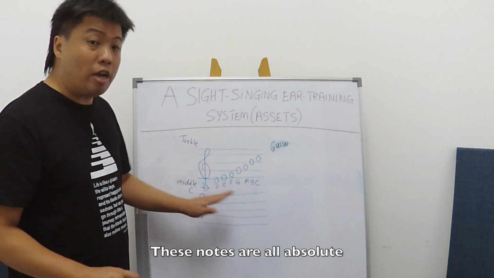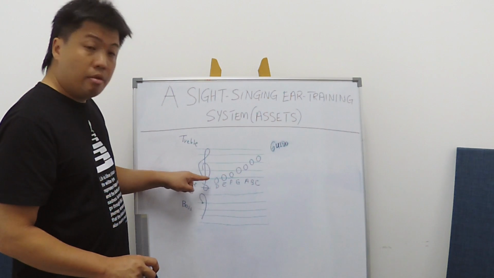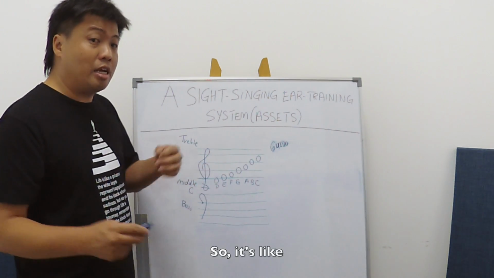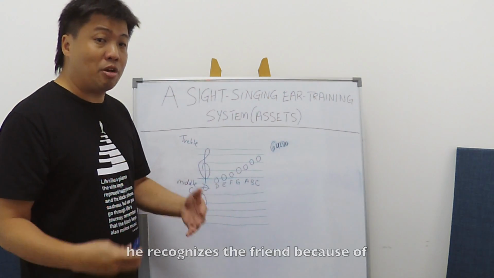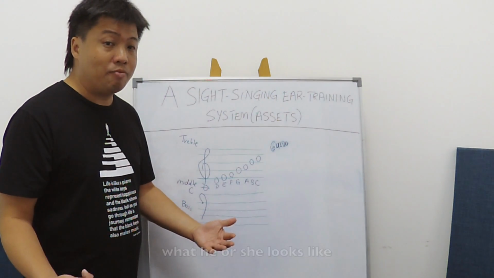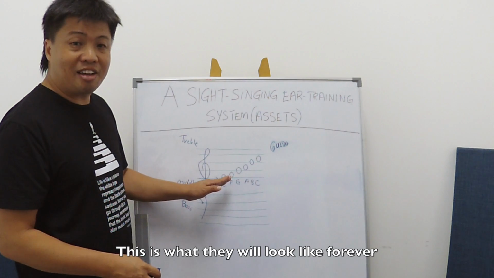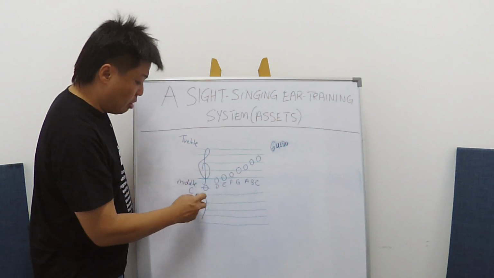These notes are all absolute in their names and will forever and evermore look like this. So it's like someone who has a friend. He recognizes the friend because of what he or she looks like, and likewise with these musical notes, this is what they will look like forever. This is going up, so this is the treble clef.